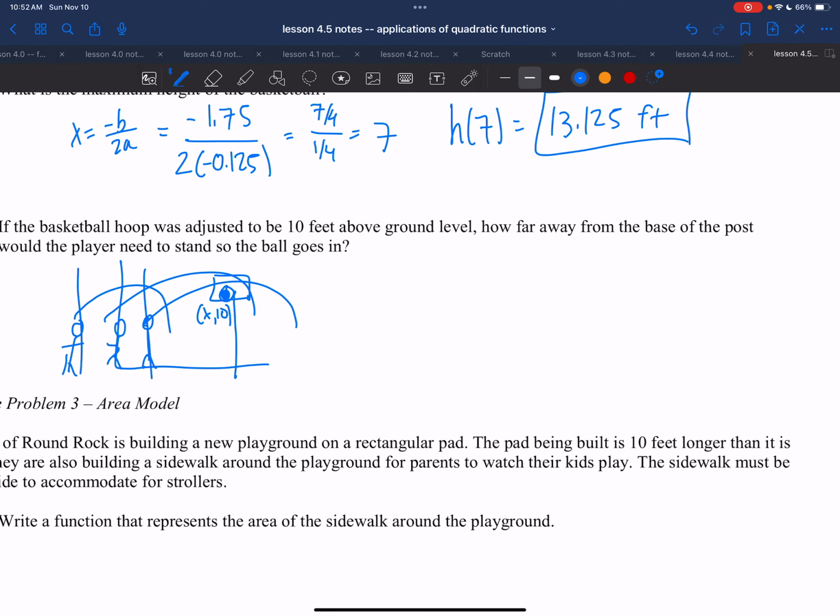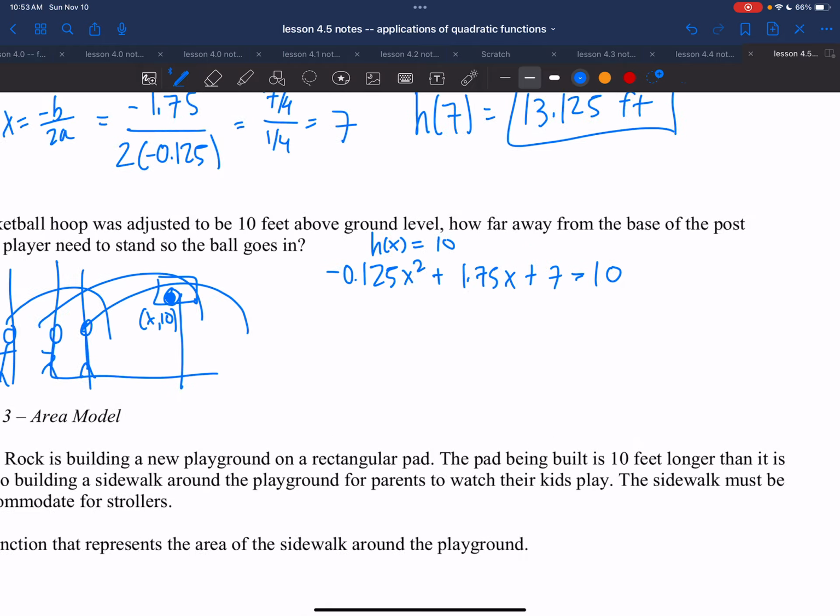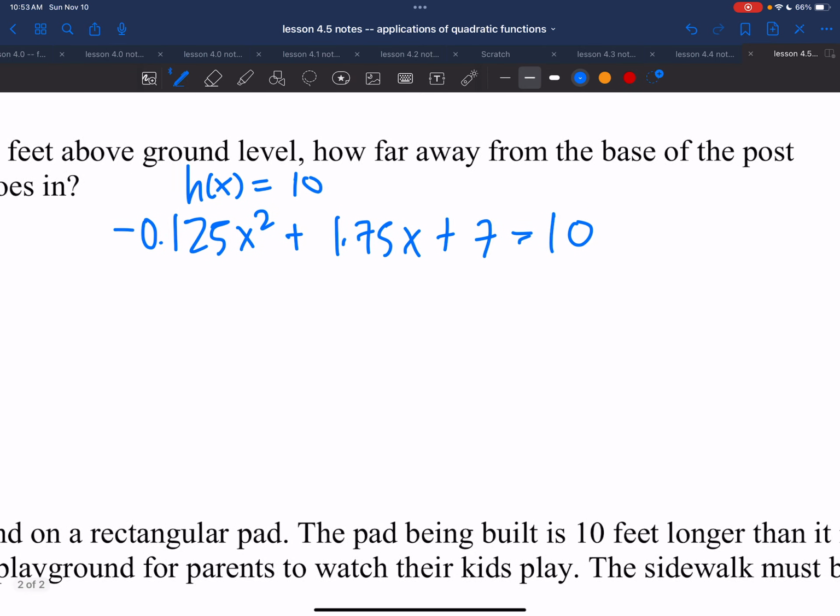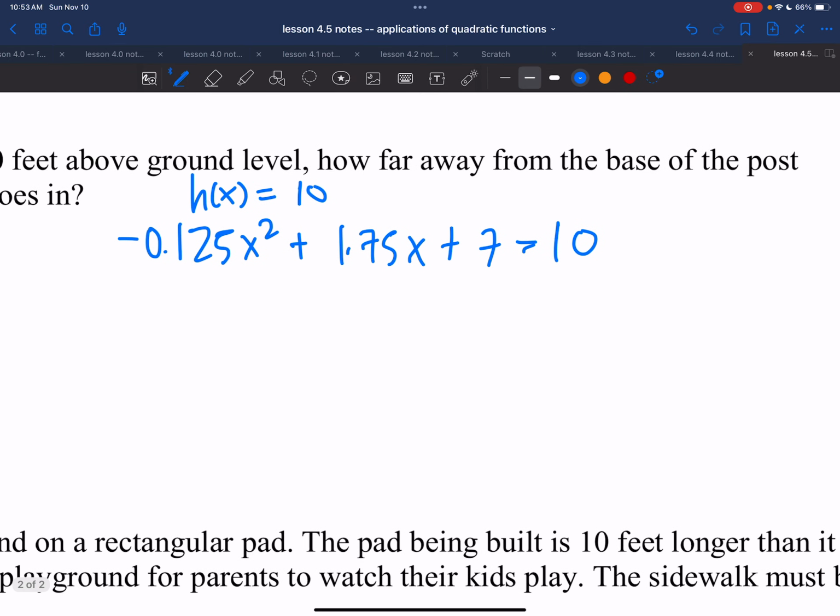It means your function h of x needs to equal 10. So negative 1.25x squared plus 1.75x plus 7, this needs to equal 10, right? So you're saying what x value makes this happen?